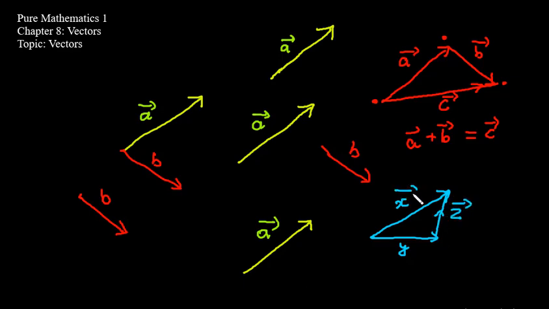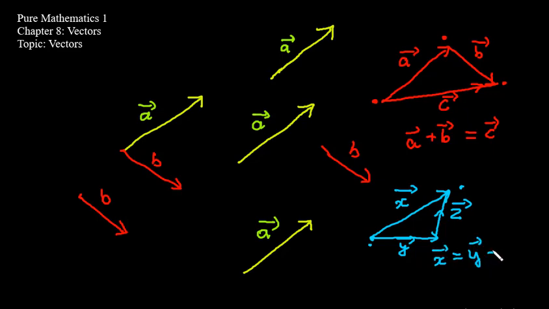You can see that the movement from the beginning of vector Y to the end of vector Z is equal to the movement from the beginning of vector X to the end of vector X. So we have the equation X equal to Y plus Z.